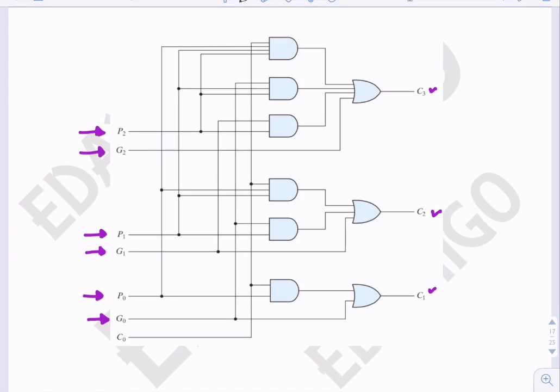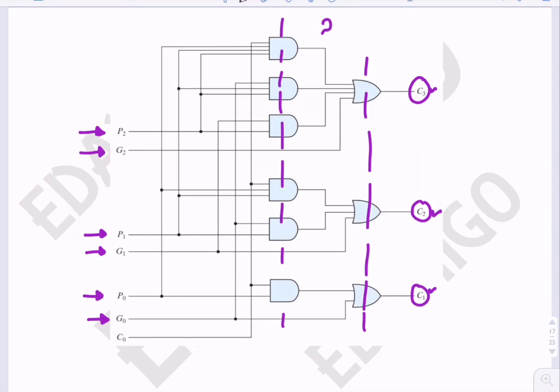So to produce C1, C2 and C3 carries, we only need 2 gate delays from these P2, G2, P1, G1 and P0, G0 and C0.